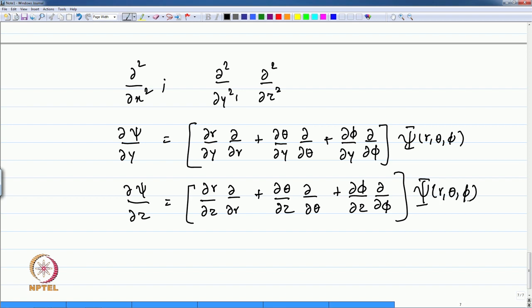These are the derivative equivalents, and you calculate likewise the ∂² terms, the ∂²/∂y² term and the ∂²/∂z² term.